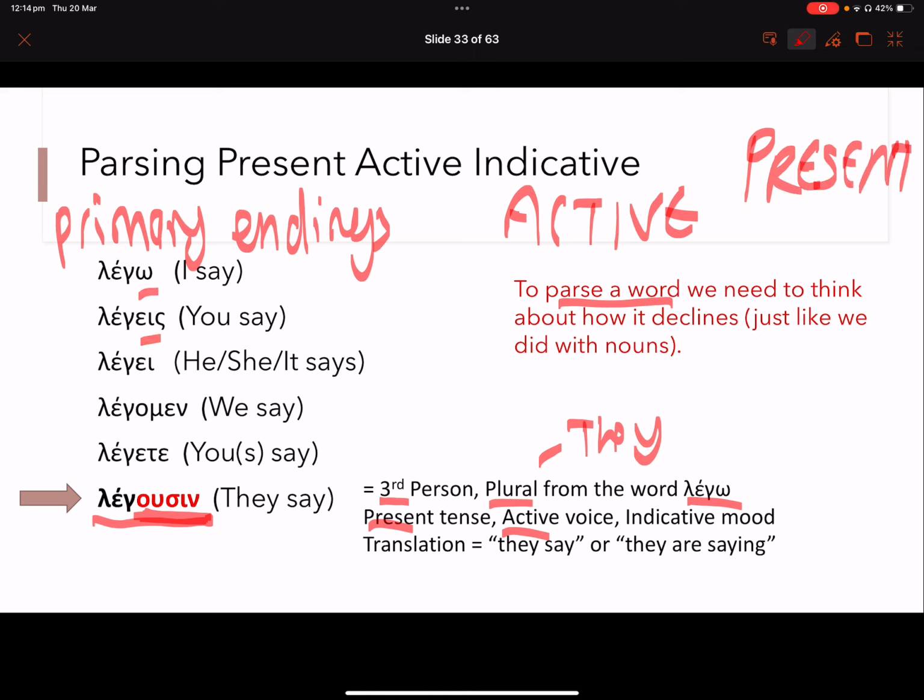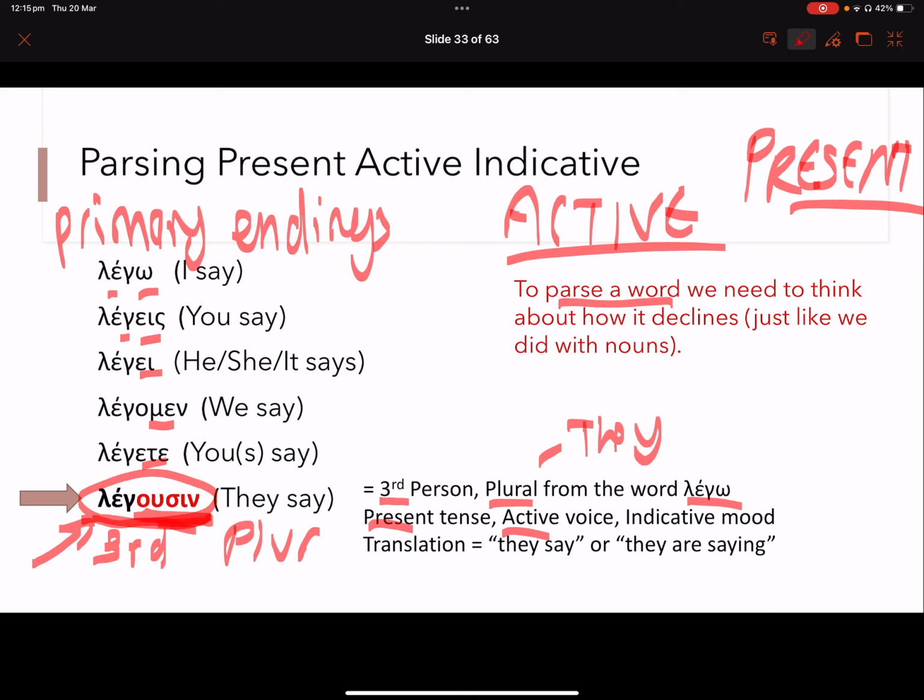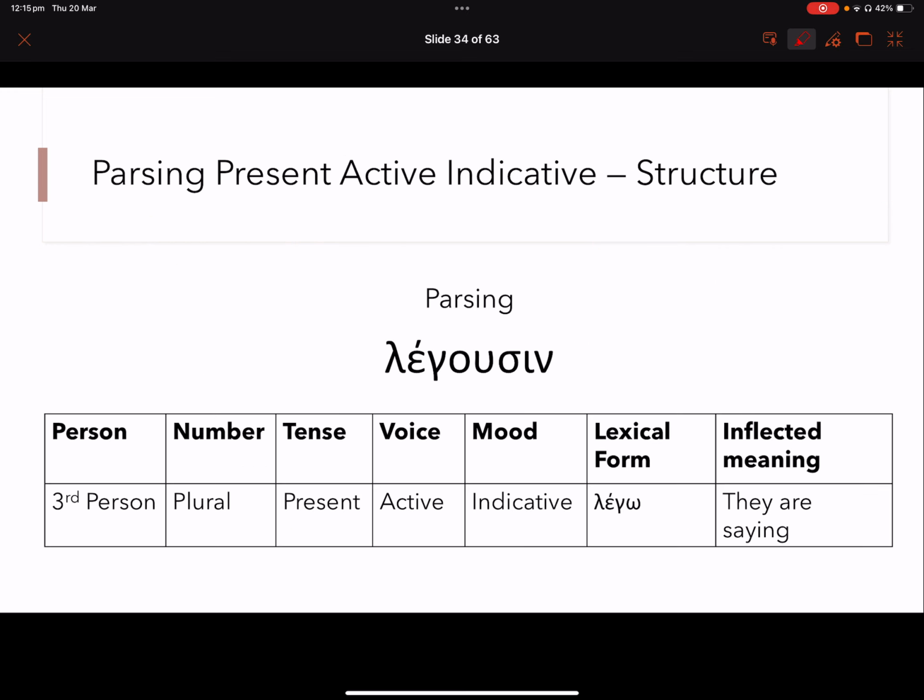So the ending pattern is what's telling me that this is active present. Then when I go through and go, okay, well, that's I say, you say, he says, we say, you say, they say, that's what's telling me that it's third person plural. And then I offer a translation for legusen: they say, or they are saying.